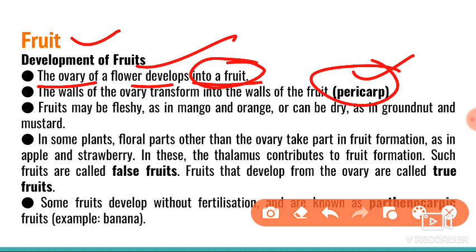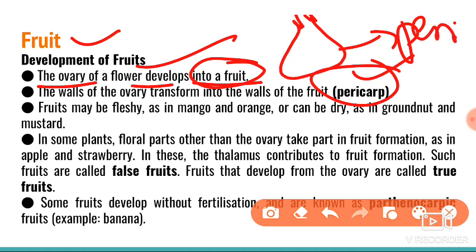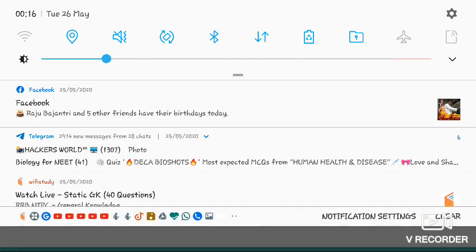The ovary has the pericarp layer, the outer layer. For example, this is the ovary, the outermost layer of the ovary is the pericarp, and that forms the outermost layer of the fruit.